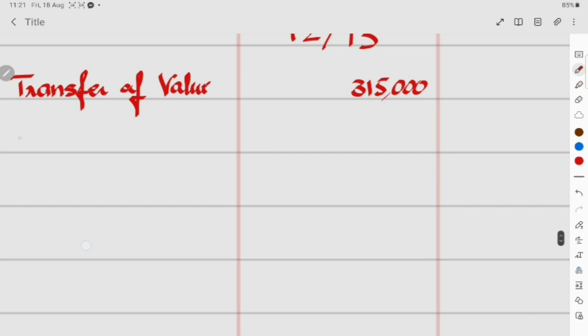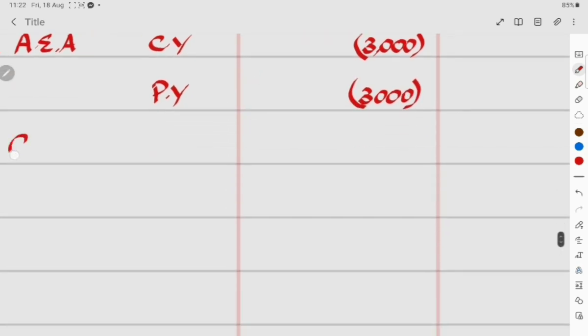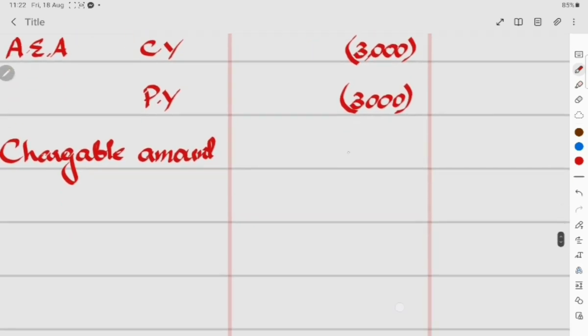First we have to deduct the annual exempt amount, and that is for the current year, and this is 3,000. Then as there is no gift in the previous year, the previous year annual exempt amount is to be deducted, and now you have the chargeable amount, and that is 3,09,000.